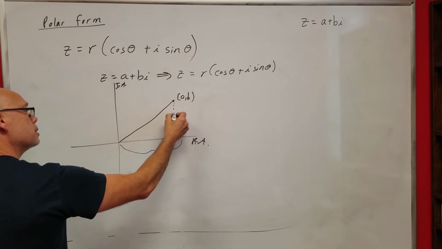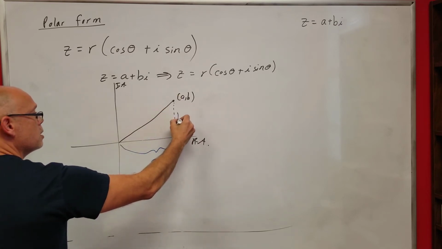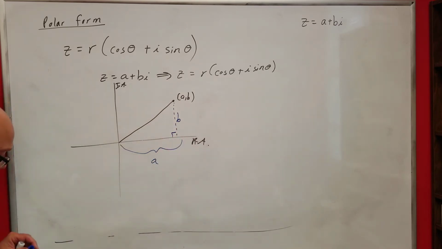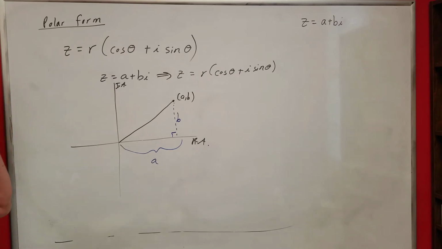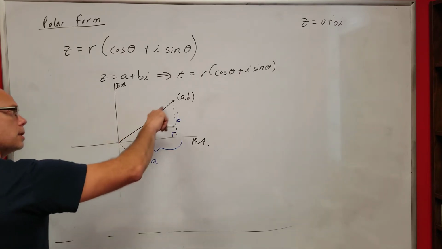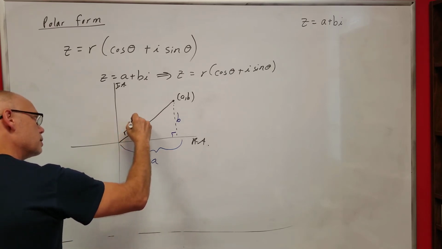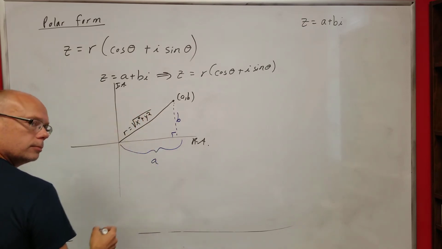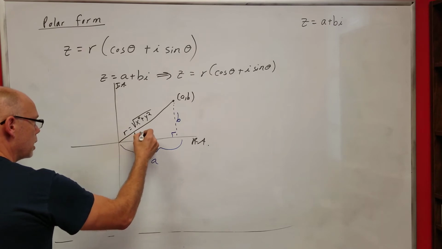How about in this direction? How far is this point displaced from my x-axis? b units, right? And we can make a right triangle right there. We could say that this distance right here is like my radius, so we call it r, and that's equal to the square root of x squared plus y squared. And let's look at some angle theta right here, okay?